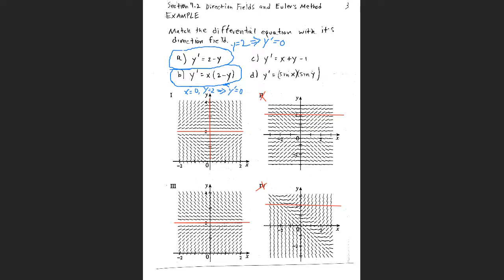But for choice 3, Roman numeral 3, are the slopes flat along x equals 0? No. So basically for choice B, the answer is going to have to be choice 3. And for A, you'd have to have choice 1. This is the kind of thinking you have to do for this kind of question.